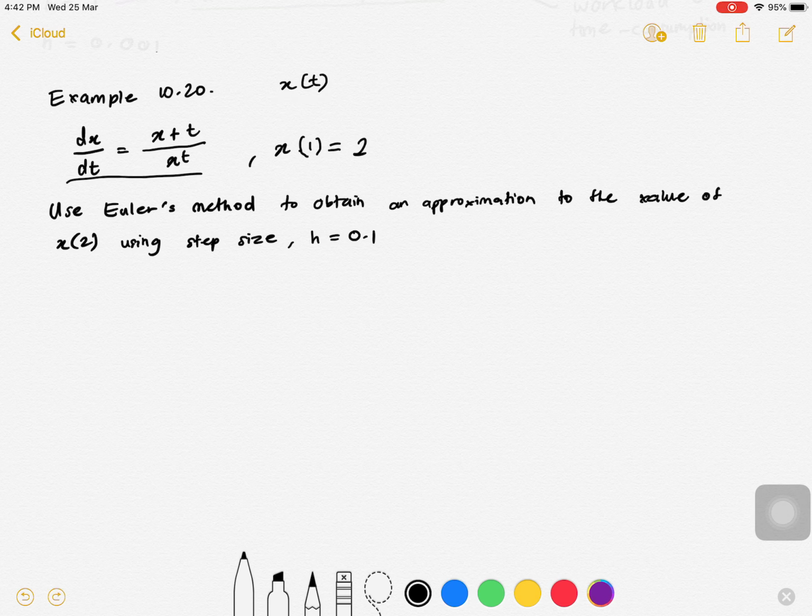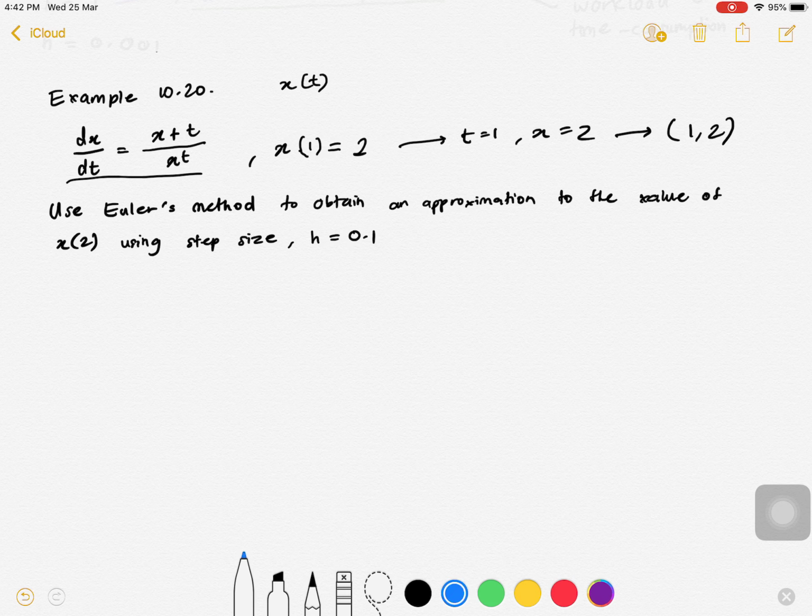The given initial condition, or boundary condition, is when t is equal to 1, x will be equal to 2. So that is the initial condition, our first point. The coordinate is (1, 2).